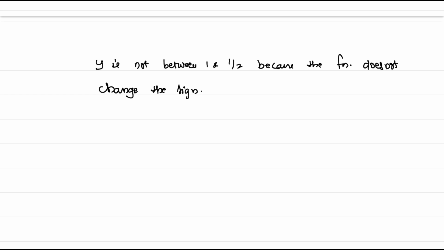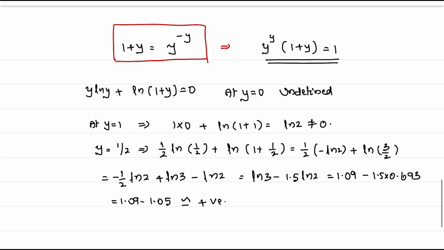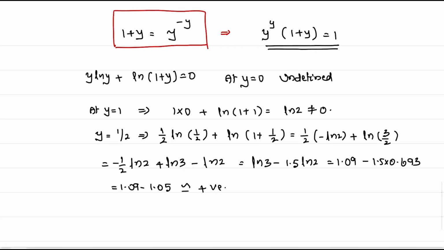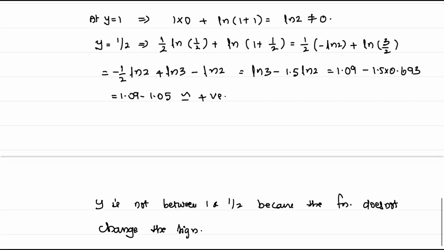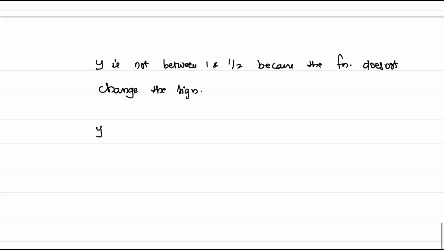Now, y is equal to 1 we have seen, y is equal to half we have seen, y is equal to 1 by 4 shall we see? Y is equal to 1 by 4. What happens?